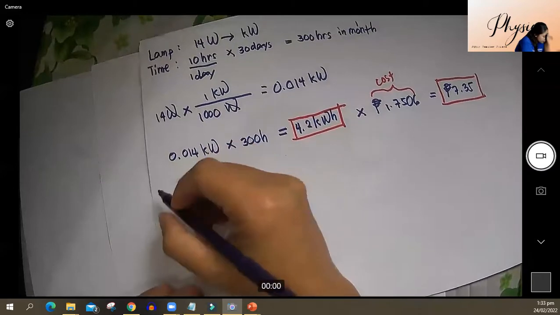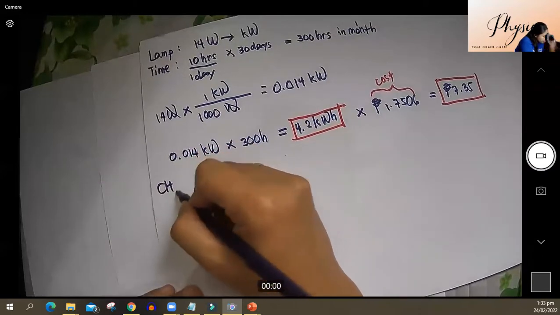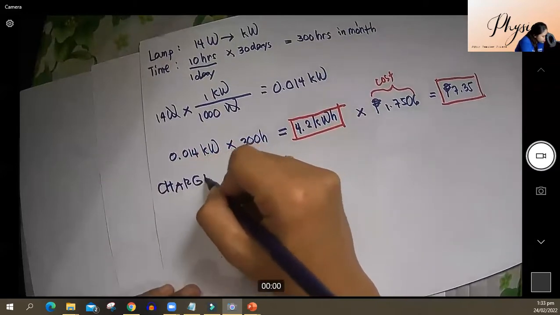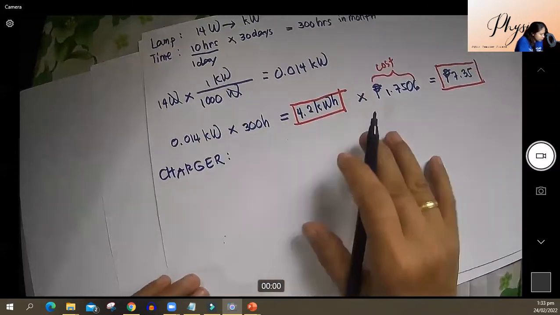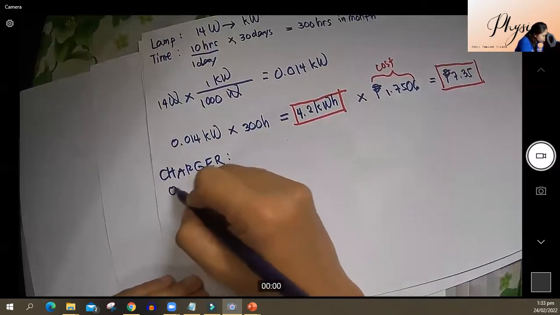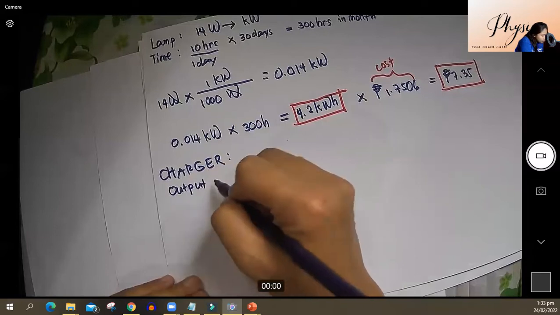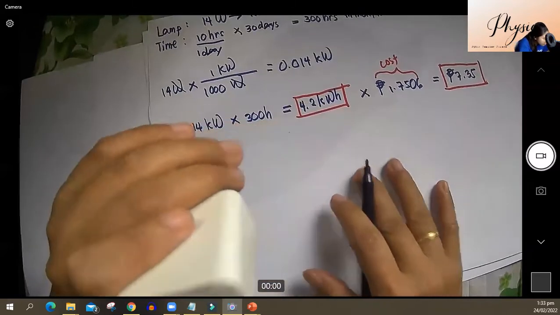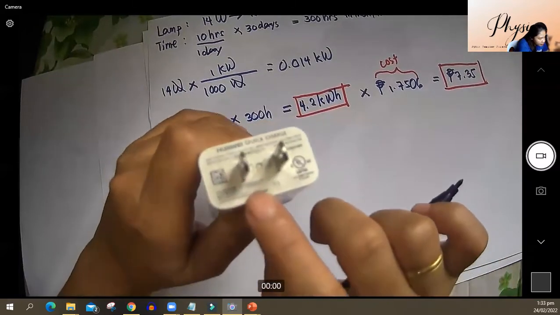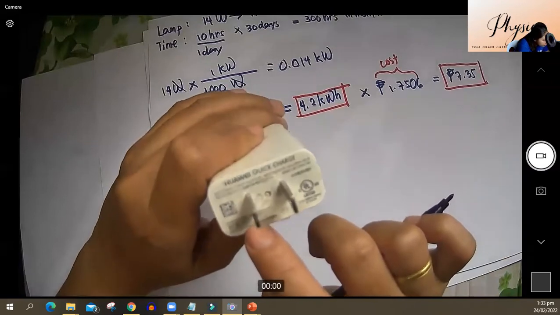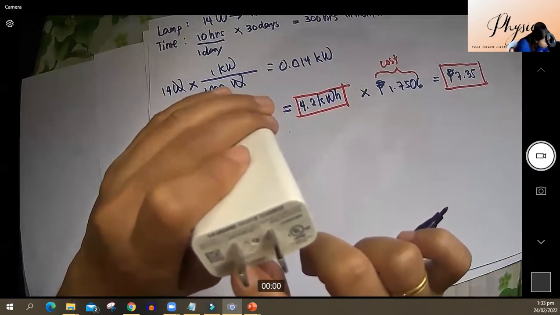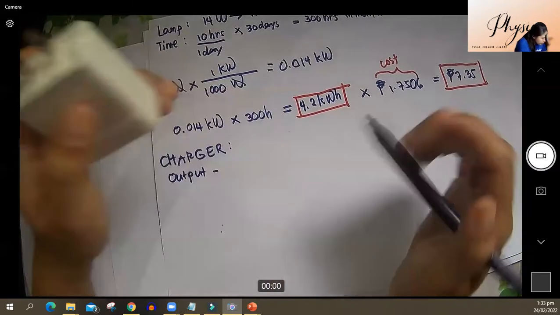So let's have another sample charger. For the charger, the output shows, it's not clear, but it shows on my end 5 volts and 2 ampere.